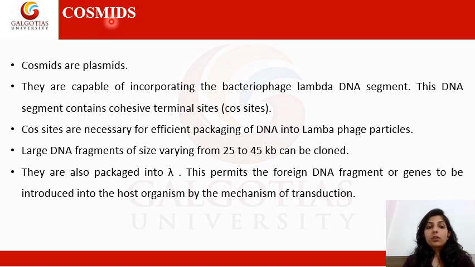Now what are cosmids? Cosmids are plasmids capable of incorporating a bacteriophage lambda DNA segment. This DNA segment contains cohesive terminal sites, that is the cos sites. Cos sites are necessary for efficient packaging of DNA into lambda phage particles. Large DNA fragments of size varying from 25 to 45 kb can be cloned.